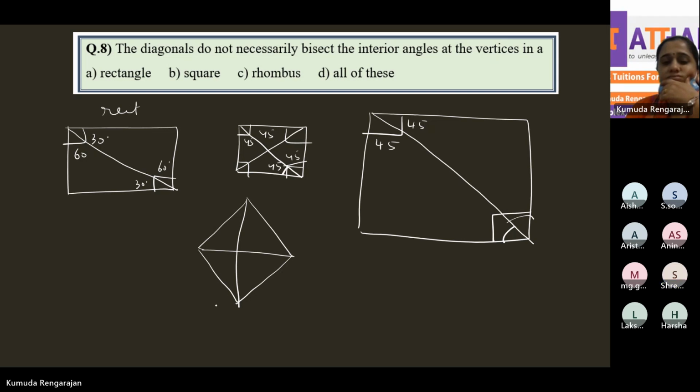Yes, ma'am. Because see, it's easy to remember because these two sides are equal, right? Isosceles triangle. So these two angles will be equal. These two sides are equal. So these two angles will be equal.